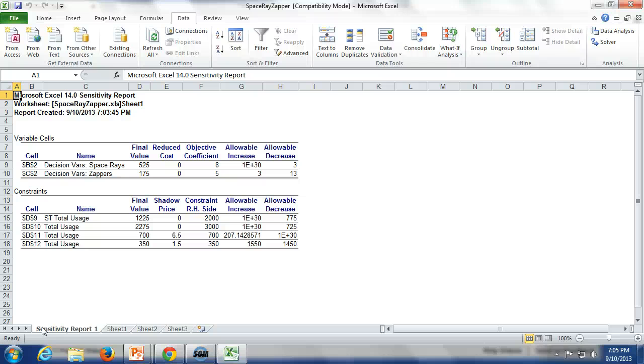Just bear with me. For zappers, the current coefficient is $5. The allowable increase is 3, so that's 8. And the allowable decrease is 13. That's not good.